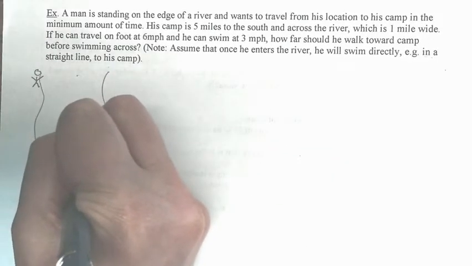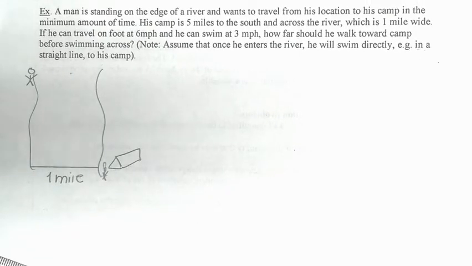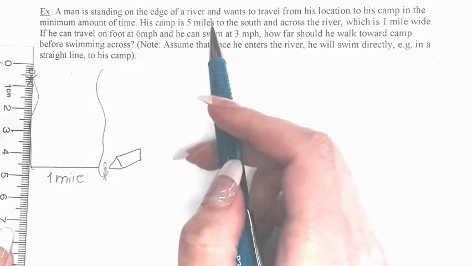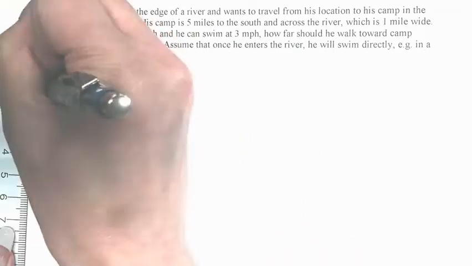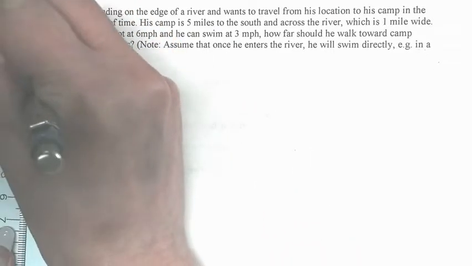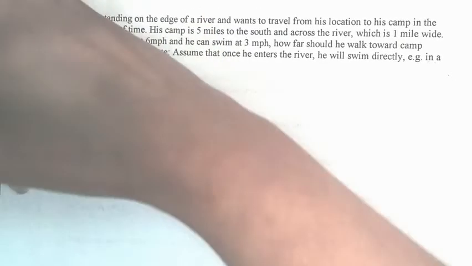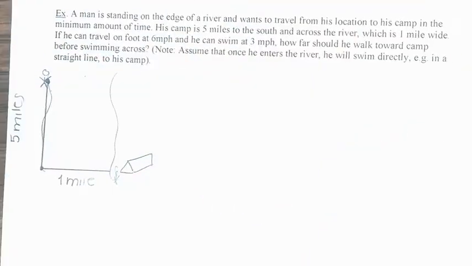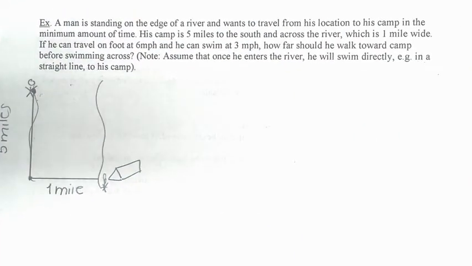Second thing that you know, according to this, his camp is 5 miles to the south. So from here to here, this is 5 miles. So that's what we have so far.